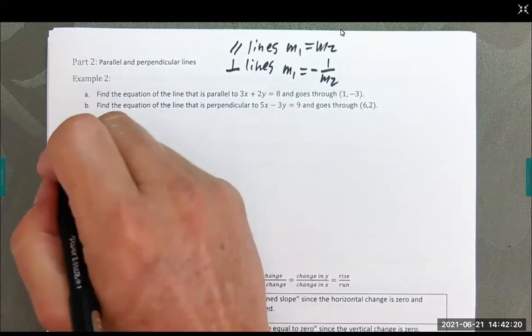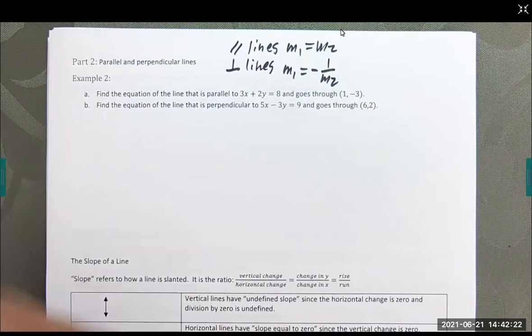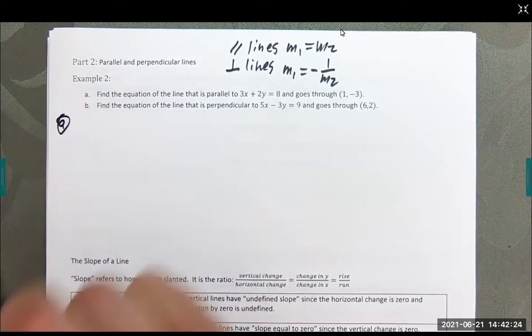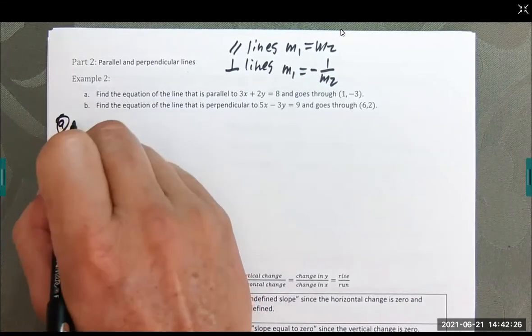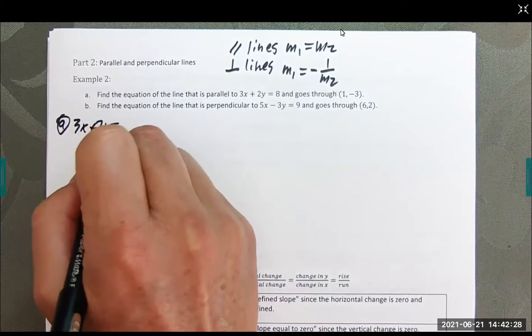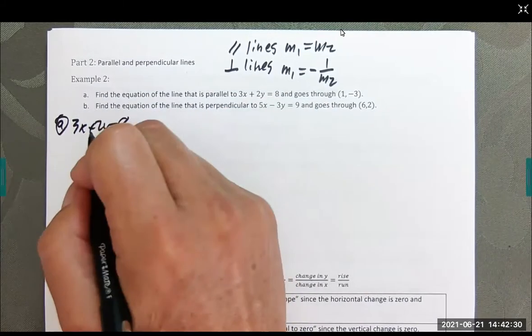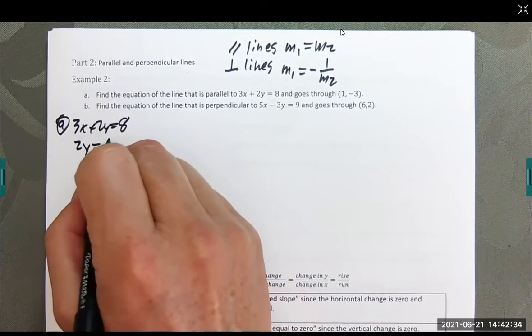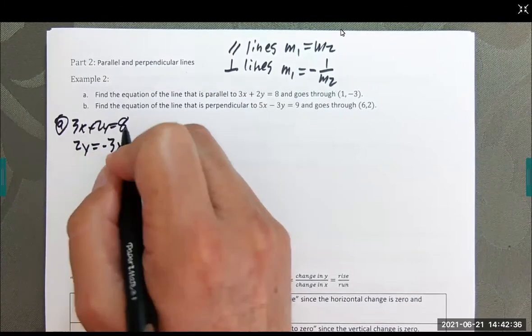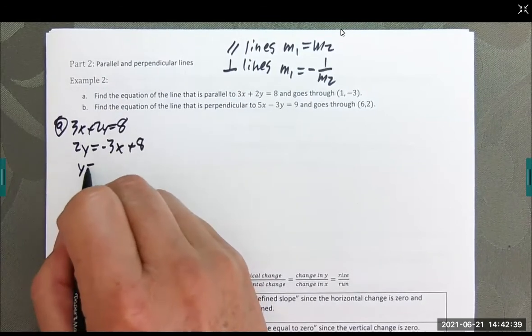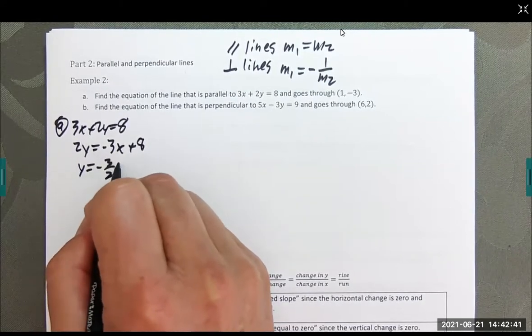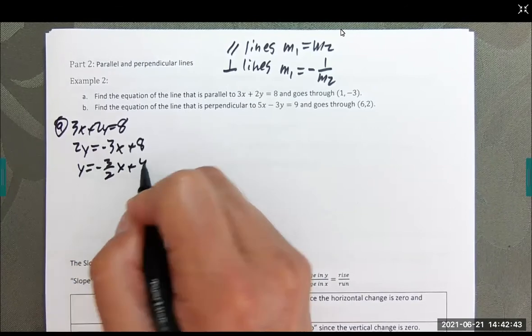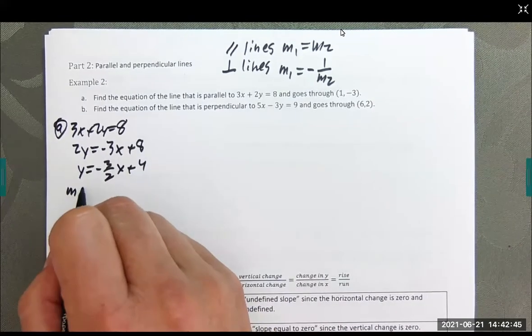So for part A here, yeah, we're just building the equation. So part A. 3x plus 2y equals 8. First, I need to find the slope. So I'm going to put it in a slope-intercept form. Divide by 2. So m in this case is negative 3/2.